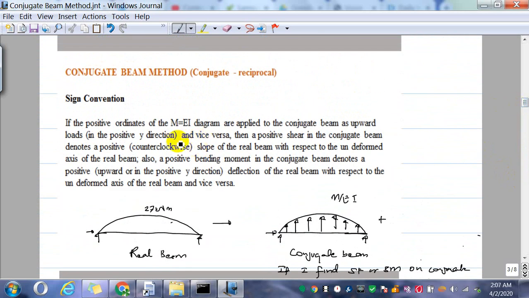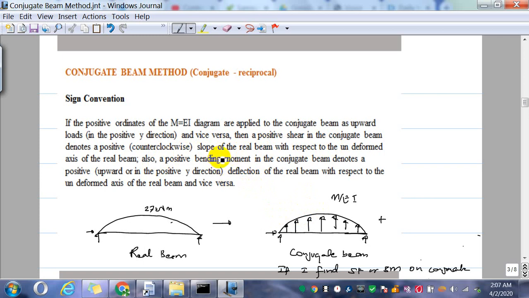sign convention. So the sign convention is, if the positive ordinates of the M over EI diagram are applied to the conjugate beam as upward, then a positive shear in the conjugate beam denotes a positive slope of the real beam. So for example, if the load is upward, then it's going to be upward.